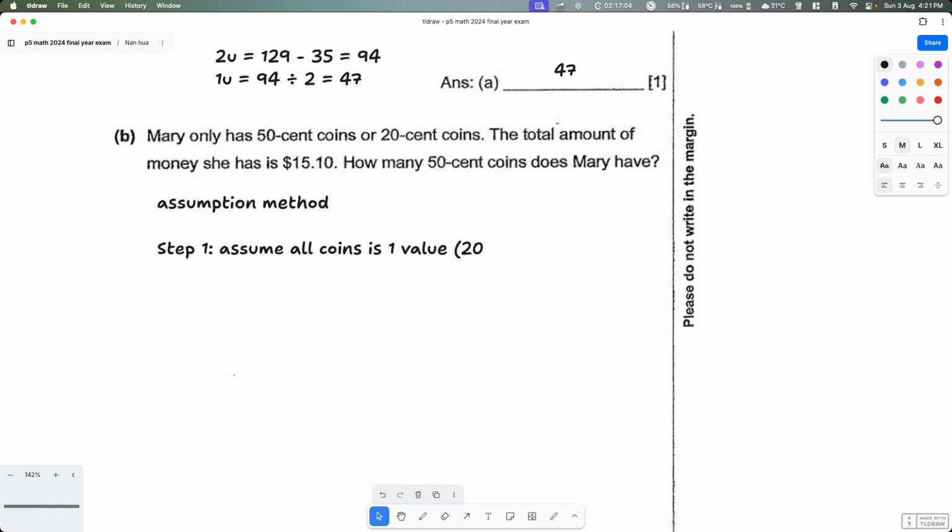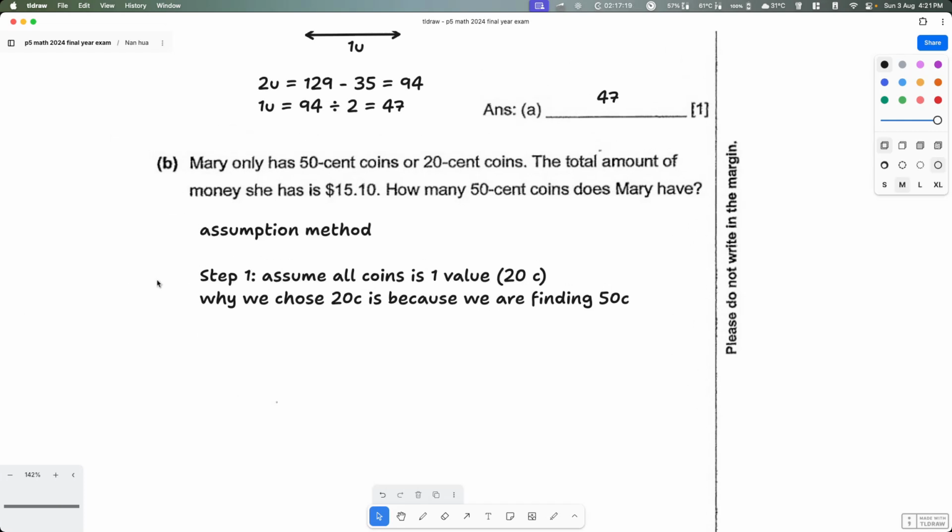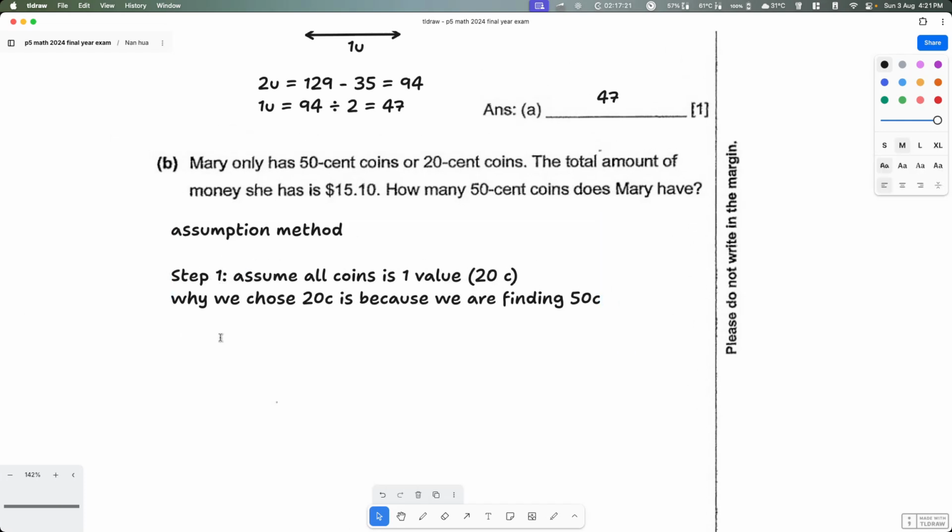The reason we choose 20 cents is because we are finding 50 cents. So the assumed value is 47, which is Mary's coins, multiplied by 0.2.